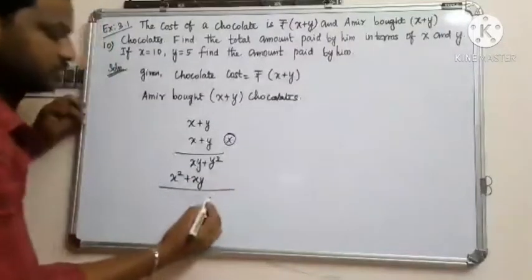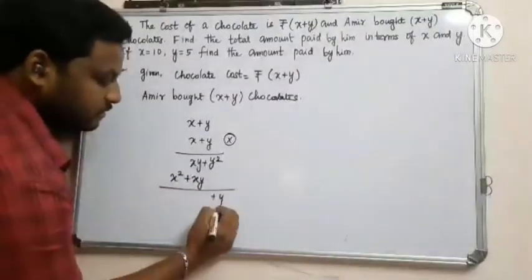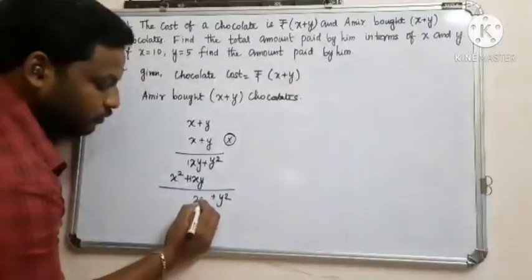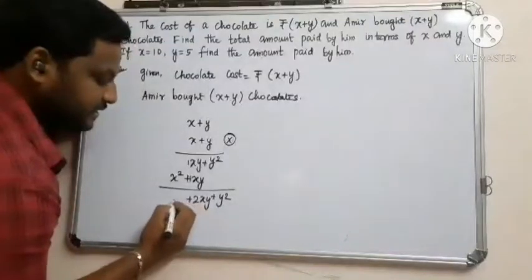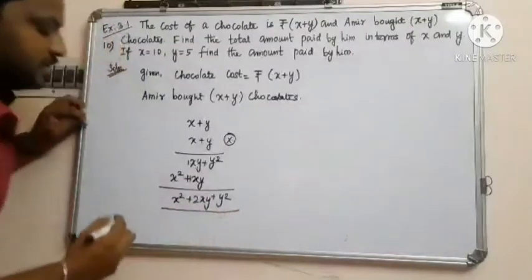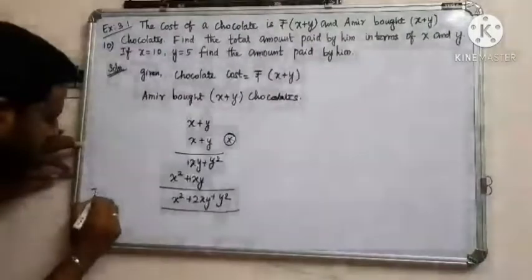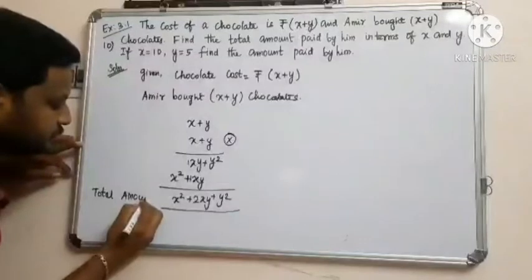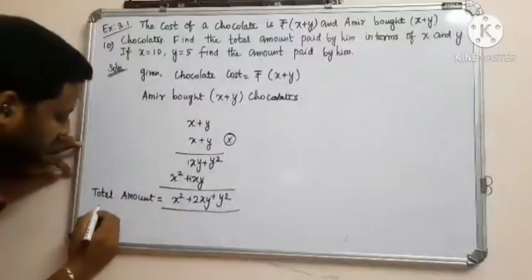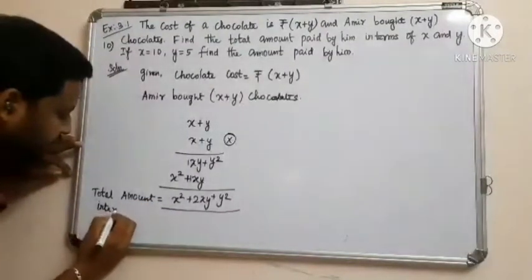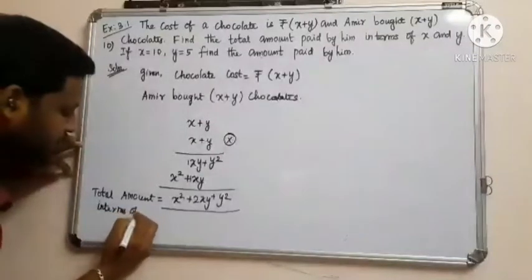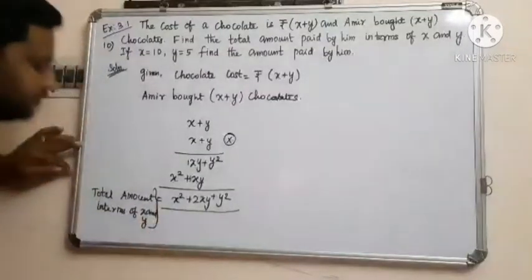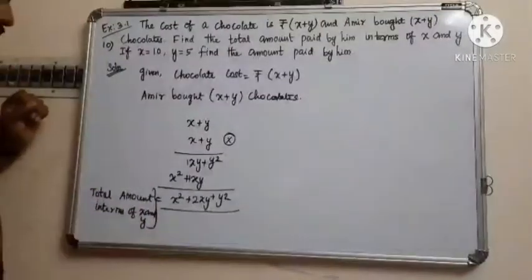Now add: y square, 1xy plus 1xy is equal to 2xy, plus x square. So this is the total amount in terms of x and y.